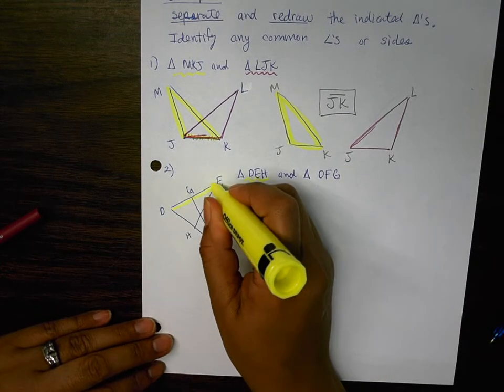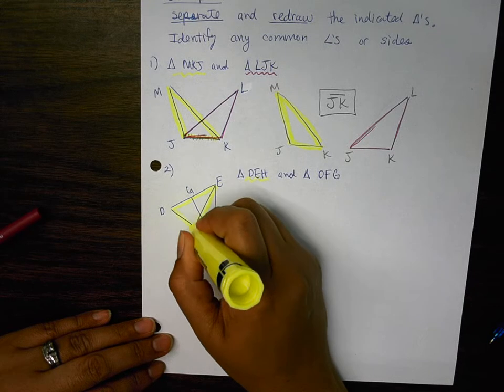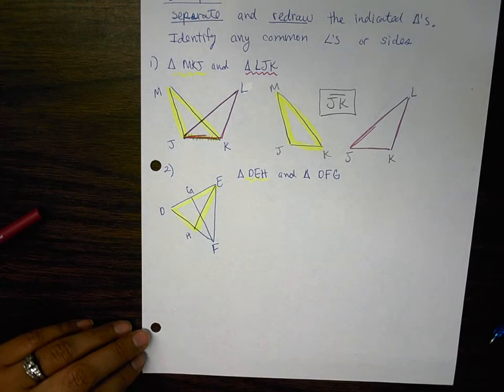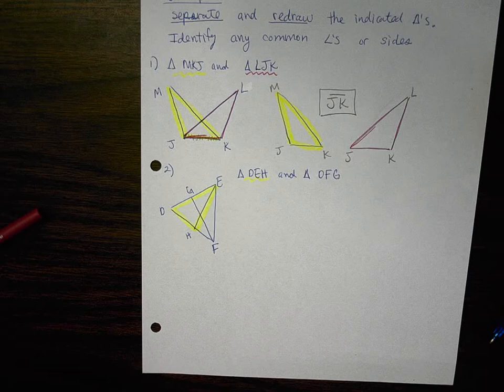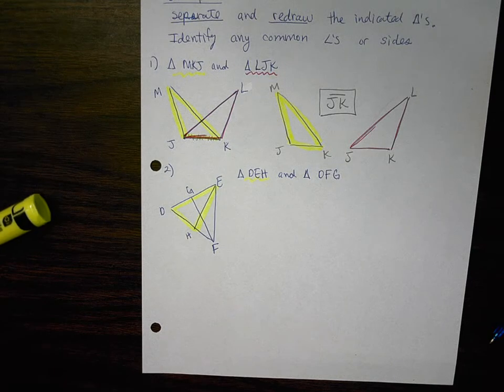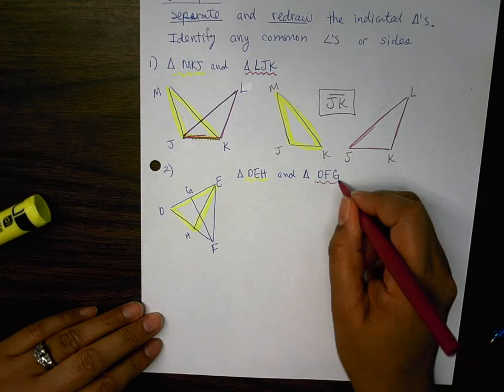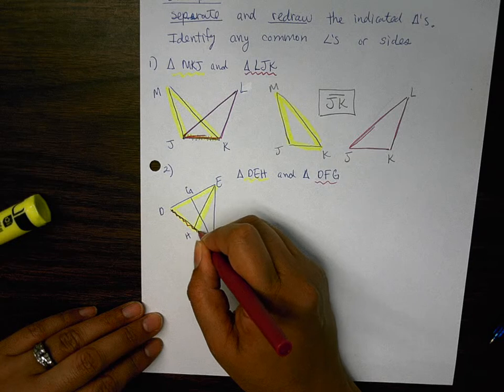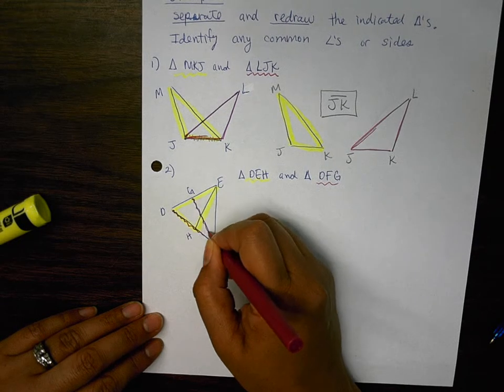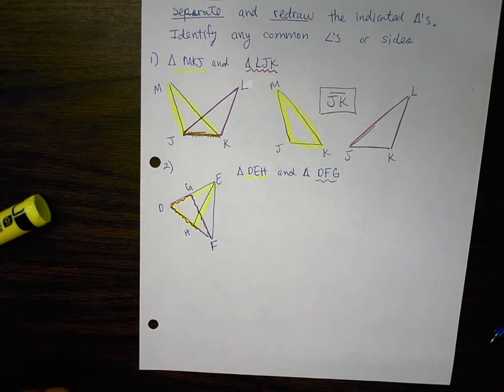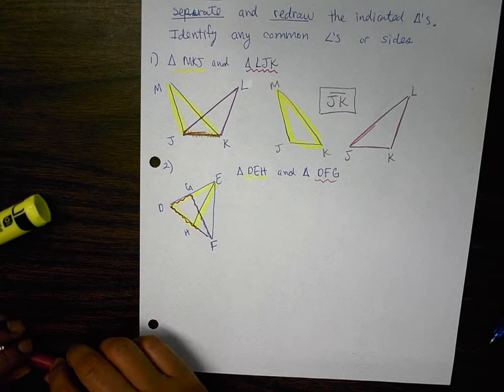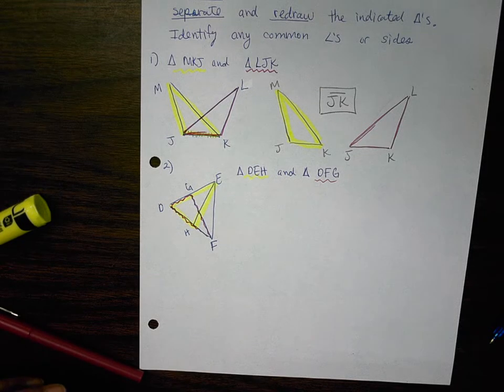All right, I'm going to do the first one, a highlighter, DEH. DEH is this triangle right here. The second one is DFG. That's this one here, DFG. Do we agree?